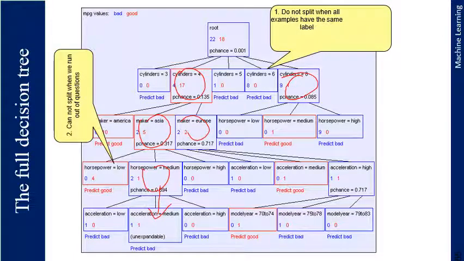As you have seen, you do not split when all the examples have the same label, as in this case where you have the same labels of the bad examples, and you cannot split when you run out of questions. For example, in this case you have the last attribute of horsepower and you have no further division.